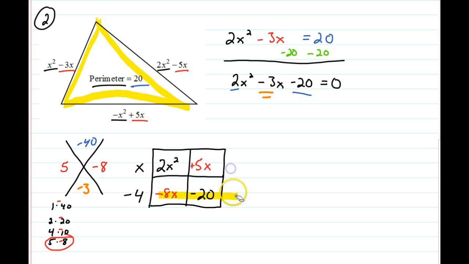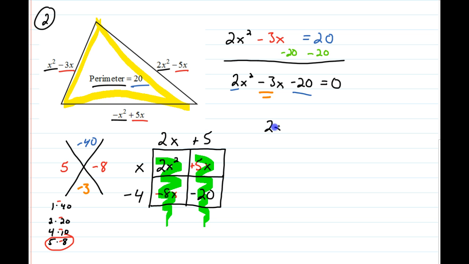Now we want to look at the columns. So the small number can go into both of them, so we're going to take out a 2, and they both have an x, so we can factor out an x. Same thing, the small number can go into both of them, so we take out a 5.